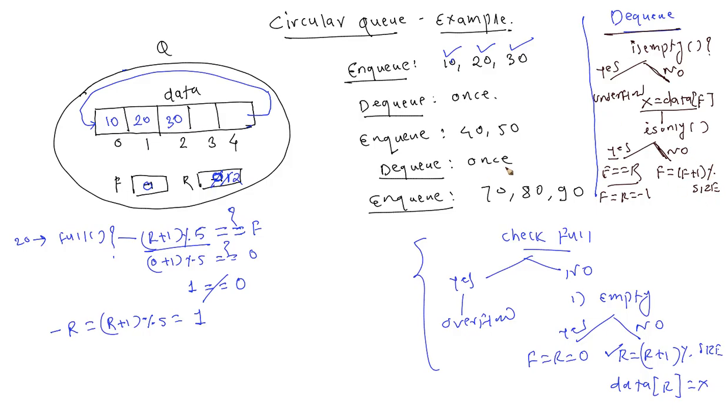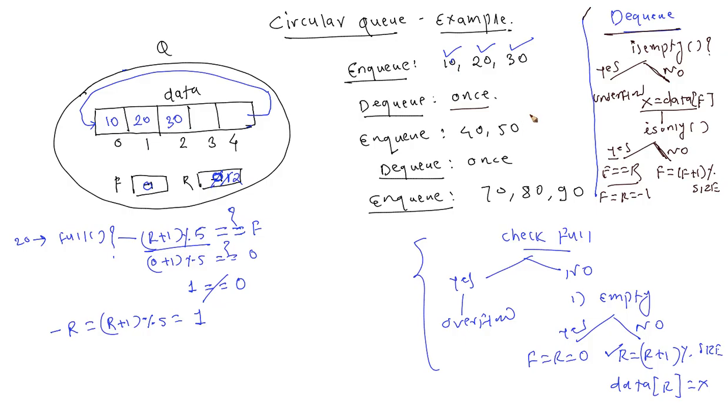Okay, this is the DQ algorithm I'll use here. So what is the DQ process? The first question is, is Q empty? No, Q is not empty because F is not -1. See, I'm again telling, when I talk about the DQ operation, I will be talking only about F. When I'm talking about the NQ operation, I'll be using only R, because F and R are the two ends we saw.